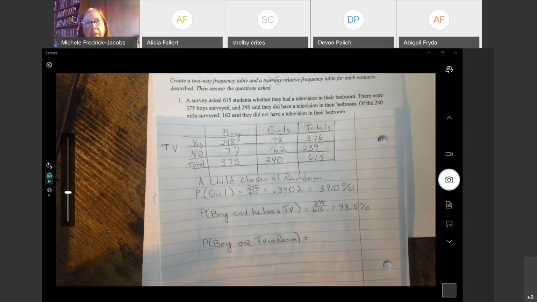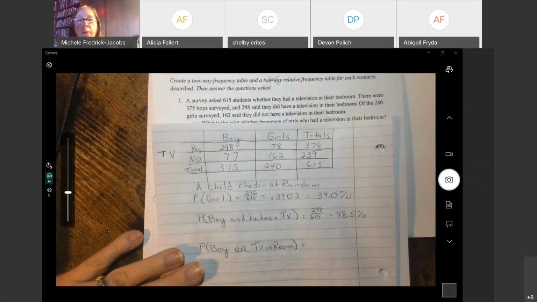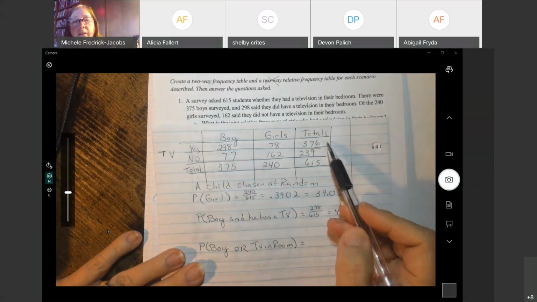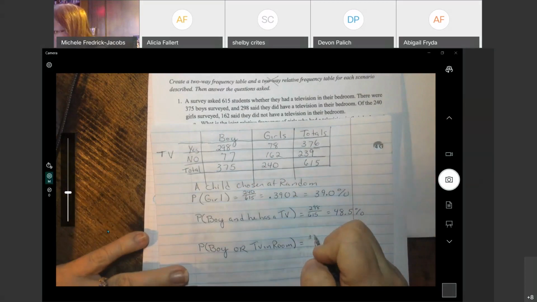So we have to really be careful of the wording. Or means boys or TV. So it would be the 375 plus the 376.